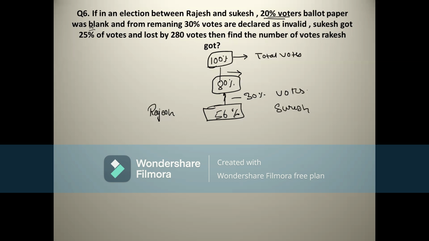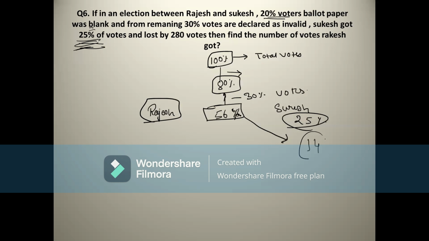From this 56, Suresh will get 25%. So 25% of 56 is nothing but 14.